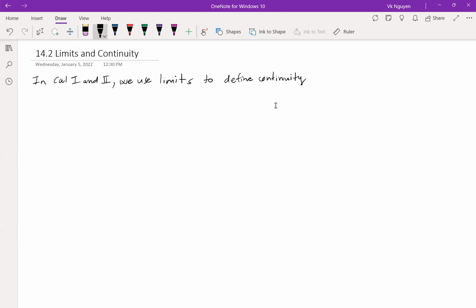And from there, we can define derivative and integral.